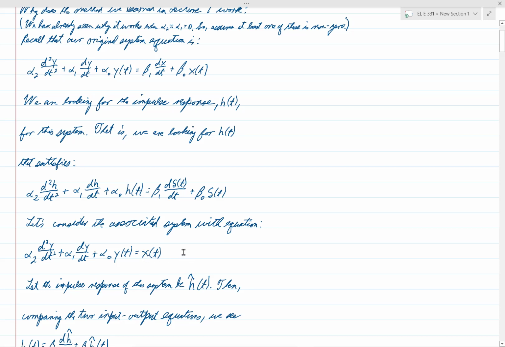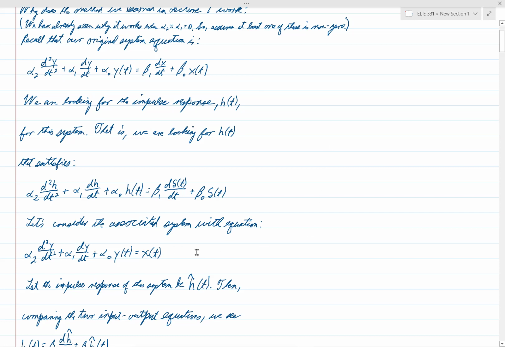Okay, so we're going to look at this associated system first, and our idea is that if we can find the impulse response of this simpler associated system, then from that maybe we could find the impulse response of the system that we're really interested in, which is the one that has this input-output equation.